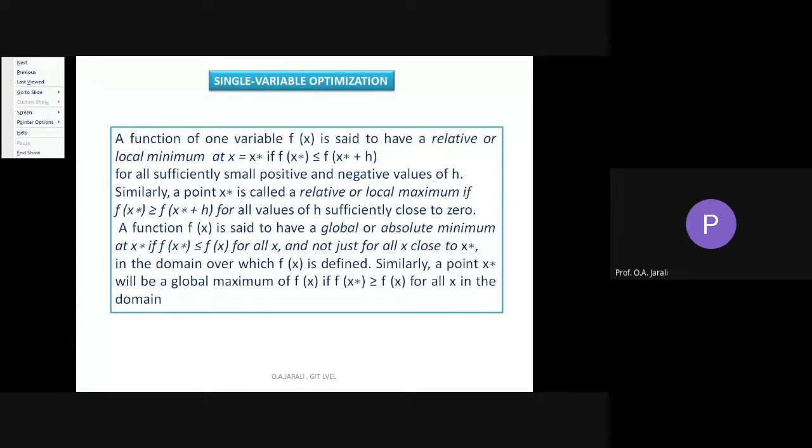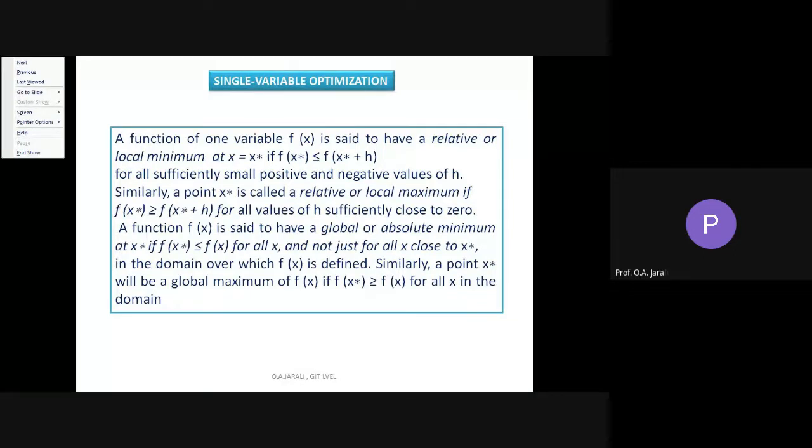A function f of x is said to have global or absolute minimum at x star if f of x star is less than f of x for all x and not just for all x close to x star, in the domain over which f of x is defined.